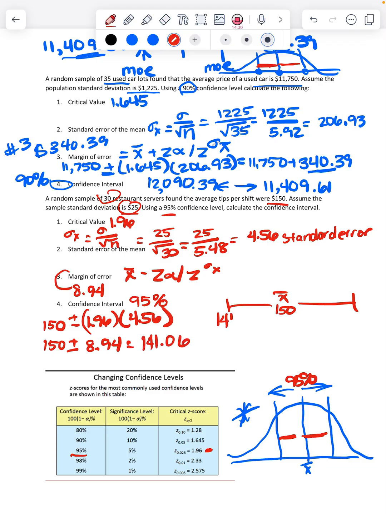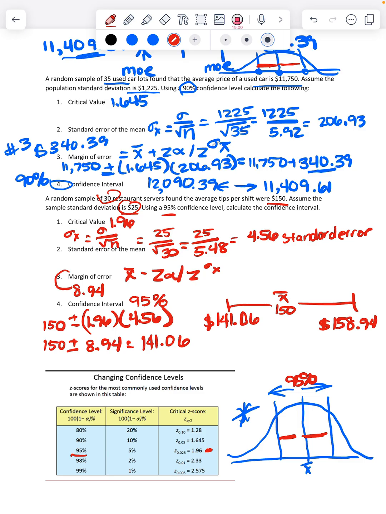So my lower limit's going to be 141.06. And my upper limit, $150 plus 8.94 gives me 158.94.